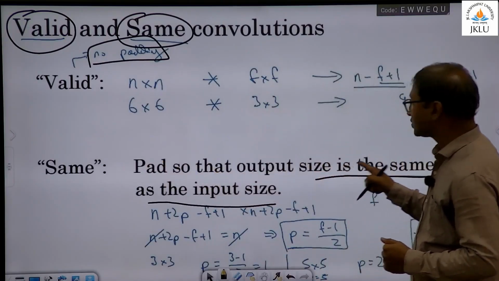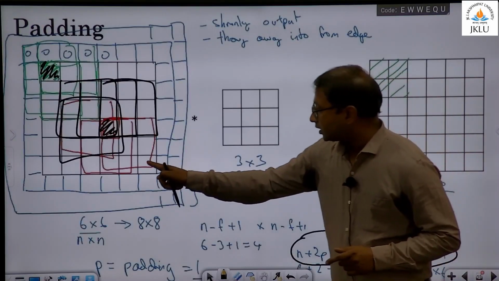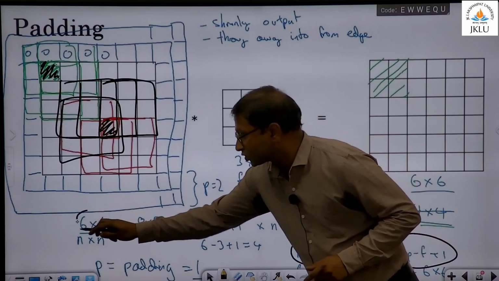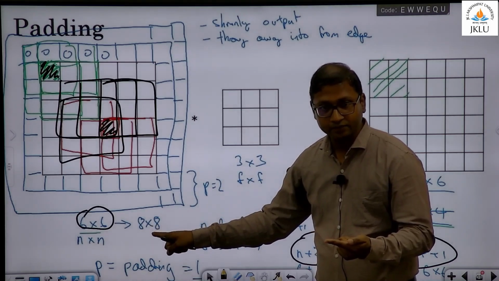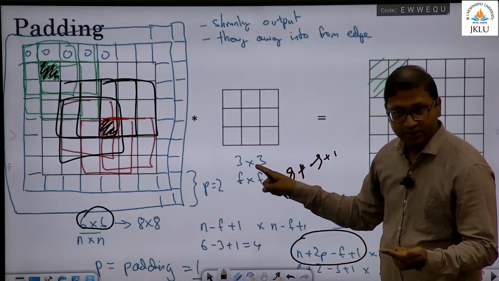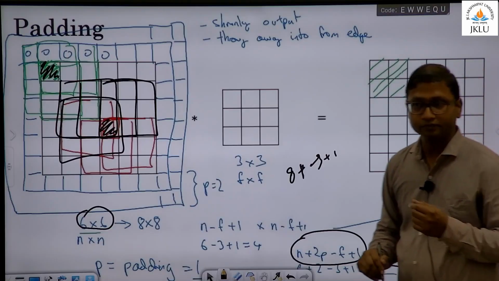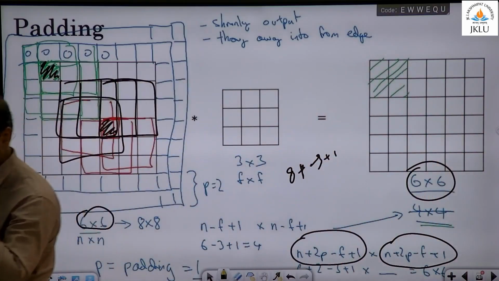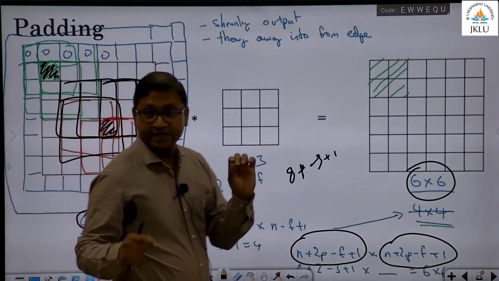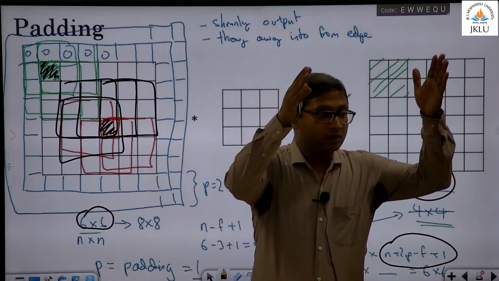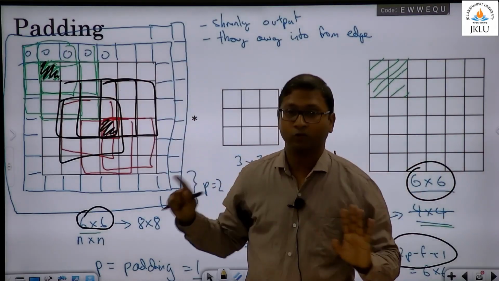Pad so that output size is same as the input size, and input size was 6 cross 6, P equal to 1 will make it 8 cross 8, convolve it with 3 cross 3 is going to give you 6 cross 6 again. Yes, names are weird, so you just have to remember them. Same padding means size of input should be same as the size of output, that's it.